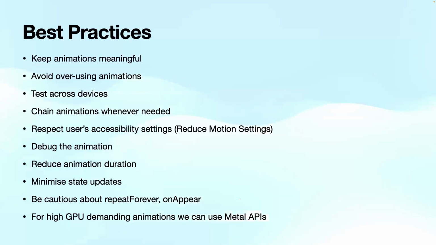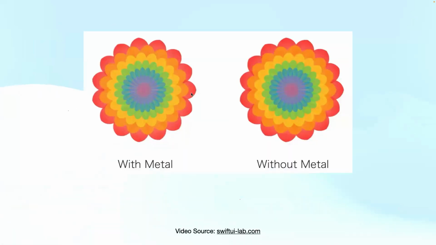And for high GPU demanding animations, we can use Metal APIs. Metal API is a different framework which is used for game development and high graphics rendering. So you can use that for high demanding animations in the app. For example, here there is a difference with Metal and without Metal.